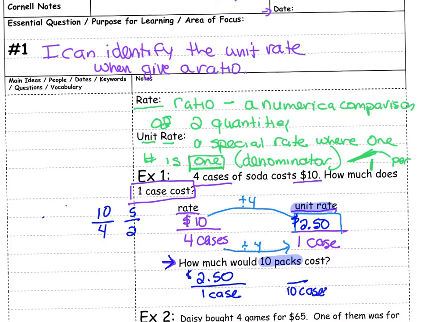So we would multiply that 1 by 10. So we have to do the same thing on the top. And again, use that calculator. 2.50 10 times is $25. So our answer would be 10 cases cost $25.